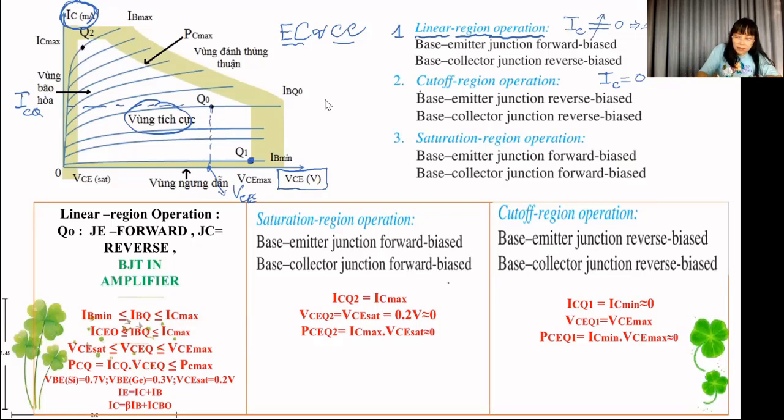And in the cutoff region, it means the current of the collector is 0. You can see in this situation, this is CQ1 and this is CQ2.